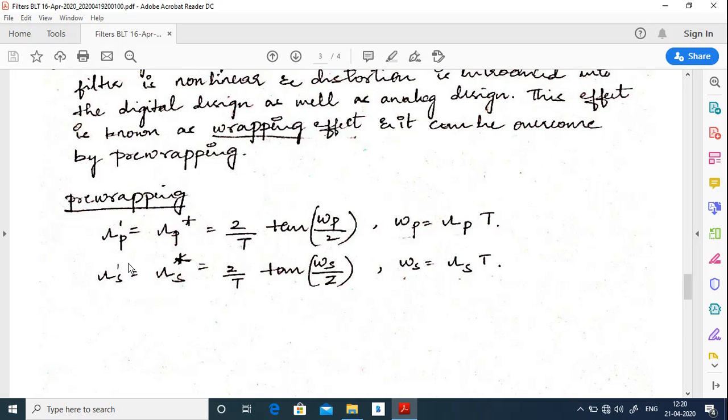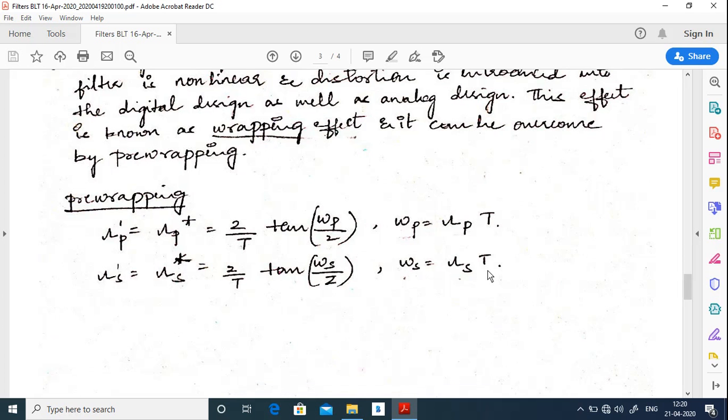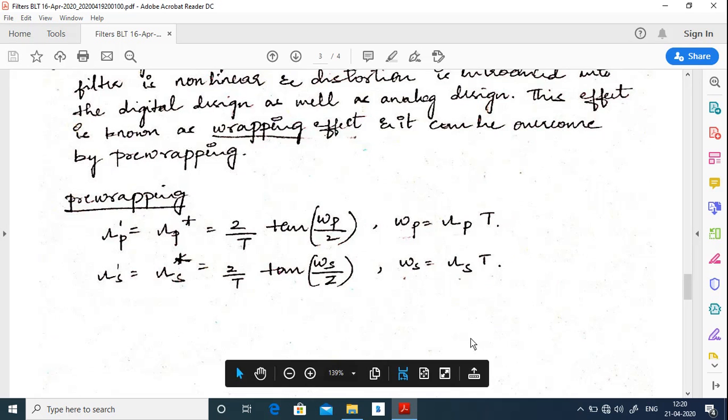Similarly, omega s dash, that is the stop band frequency or pre-warped stop band frequency, is given by omega s dash or omega s star, which is equal to 2 by T times tan of omega s by 2, where again digital omega s is equal to analog omega s into T. So pre-warping will become the first step in BLT, that is the bilinear transformation technique.